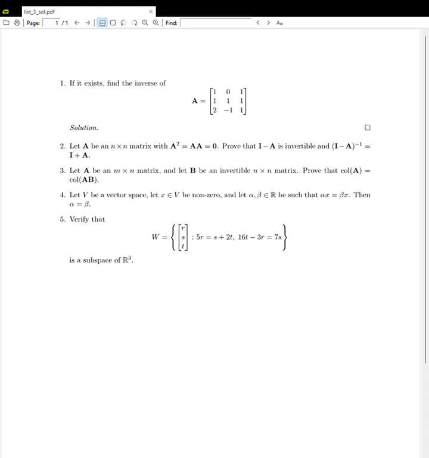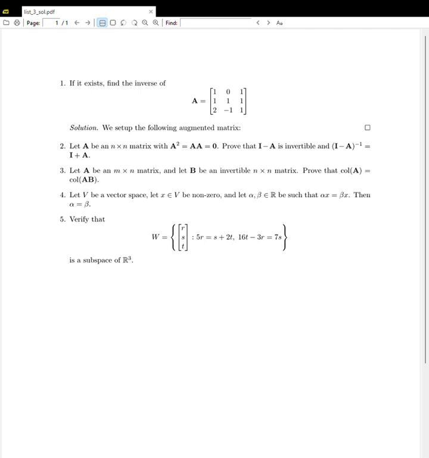So, what does that mean for us? Well, if you want to detect if something is invertible and find the inverse, we will go ahead and set up the following augmented matrix. So, in particular, what are we doing? We will take this matrix and augment it on the right with the identity matrix, right?